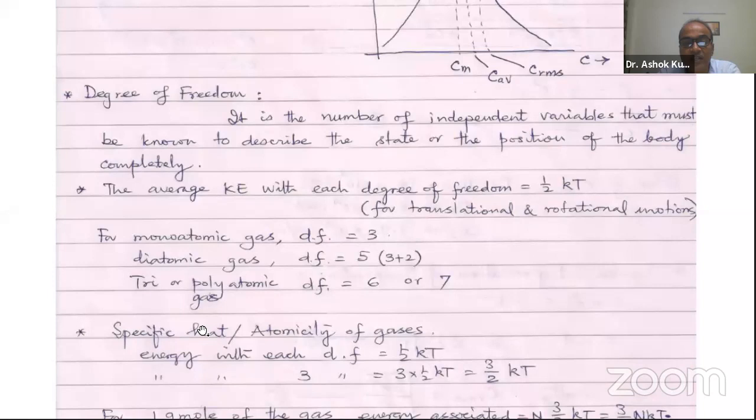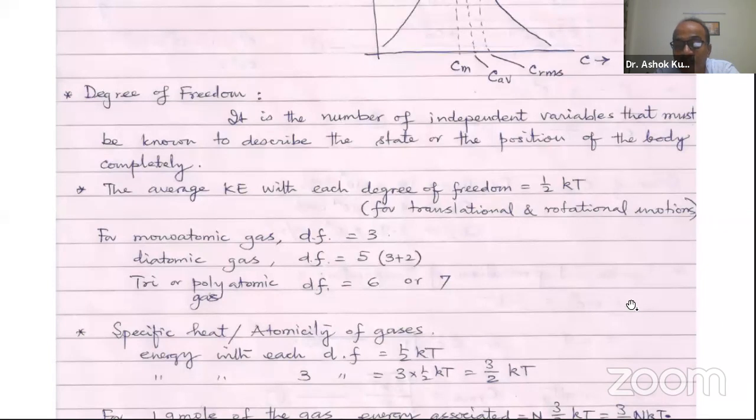In the case of tri or polyatomic gases, we can have 6 degrees of freedom or 7 degrees of freedom. Now the question is how 6 and 7; understand that also. We have one atom here, another atom here, and another atom, but this is only possible when the 3 atoms are at 3 different places. The molecular structure could be like this, but it could also be in one line.